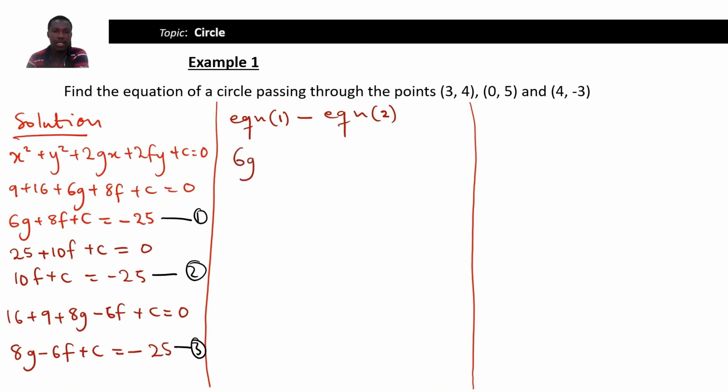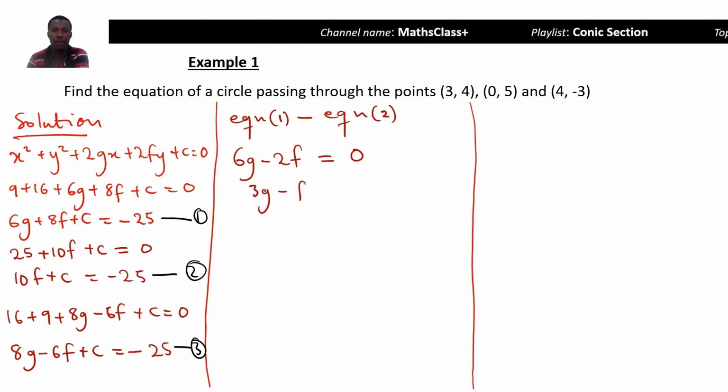Then 8f minus 10f will be negative 2f. c minus c will be 0, and then negative 25 minus negative 25 will also be 0. So if I divide through, I'll get 3g minus f is equal to 0. And that I will label as my equation 4.